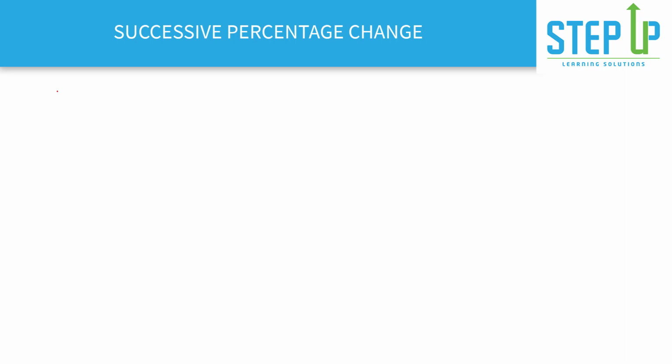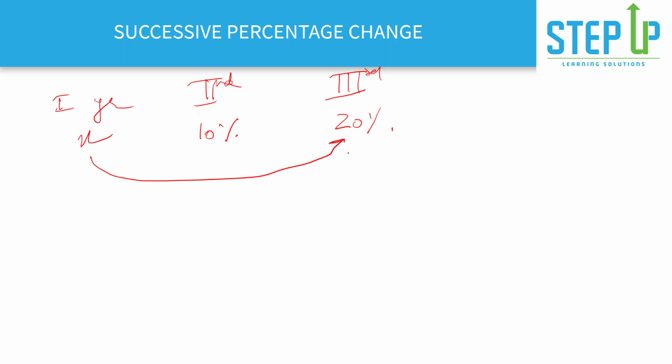Let's say you joined college, in your first year you got certain marks, let's say X marks. Now you realize that you need to work harder, and let's say you got a 10% increase in your marks in second year, and in the third year there's a 20% increase. So the question is, what is your total percentage change between first year and third year?